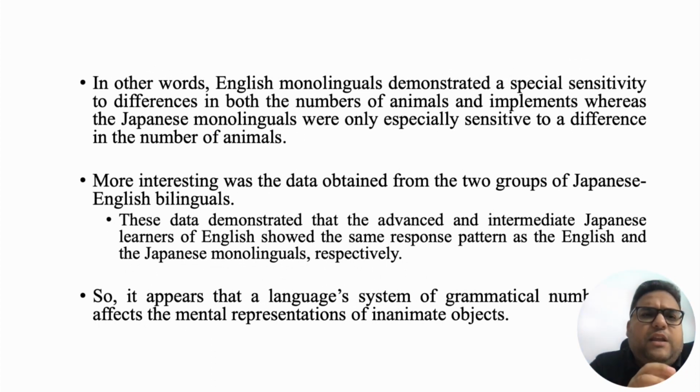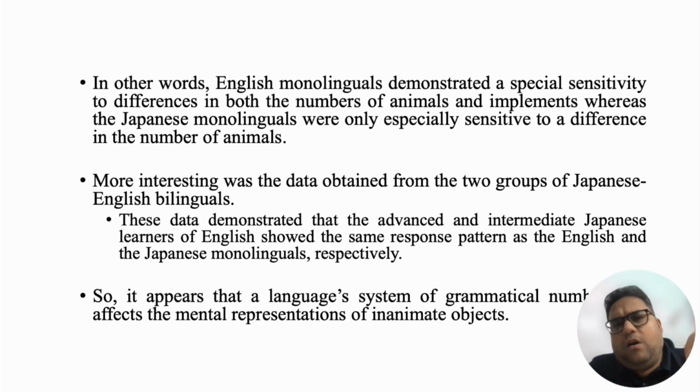Now, finally, in other words, what we are seeing here is that the English monolinguals are demonstrating a rather special sensitivity to differences in both the numbers of animals and implements, whereas the Japanese monolinguals are only especially sensitive to a difference in the number of animals. Again, as we are seeing it.